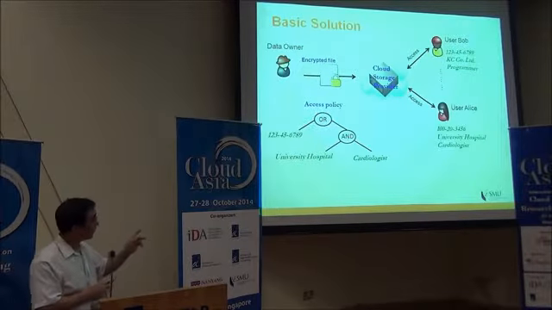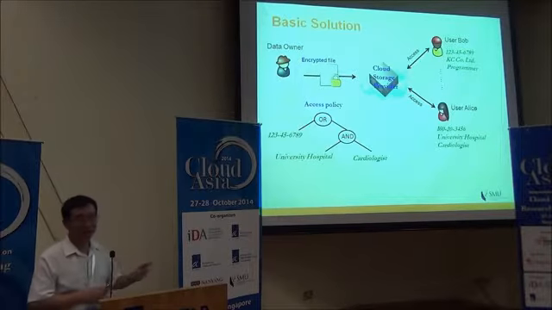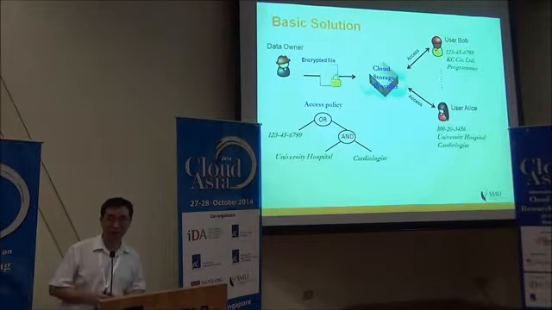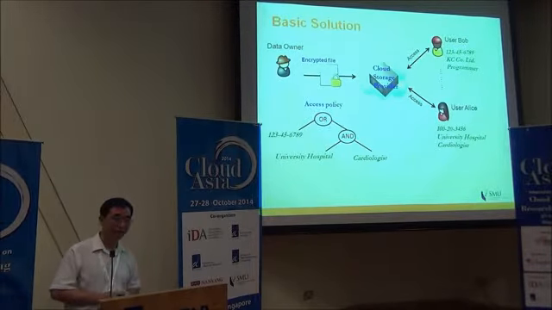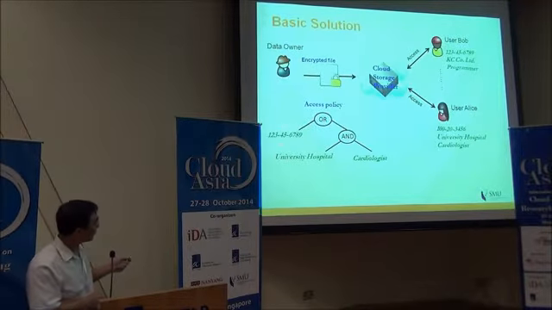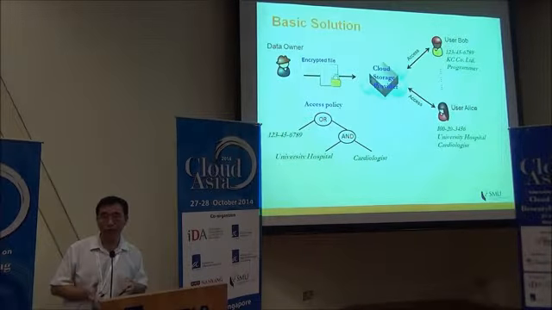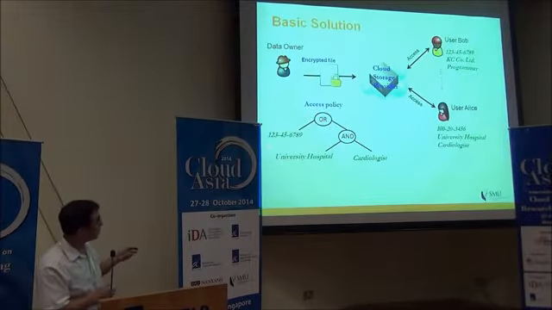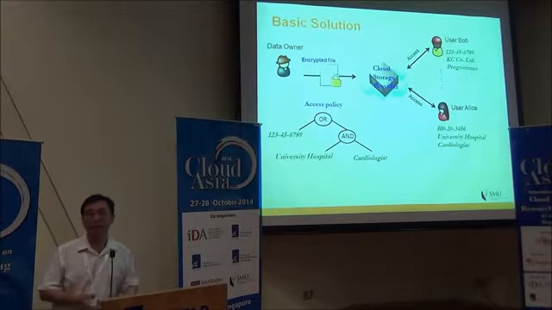But the problem is with this access policy, your data is encrypted, but the access policy can leak a lot of private information. So using this example, we look at this policy, then right away we can infer this person with such an identification number may be suffering from heart problem.